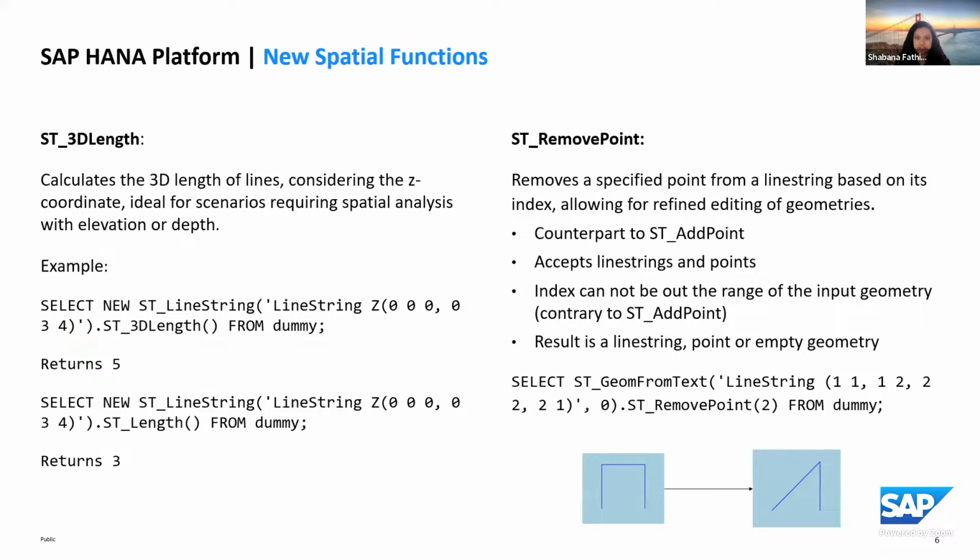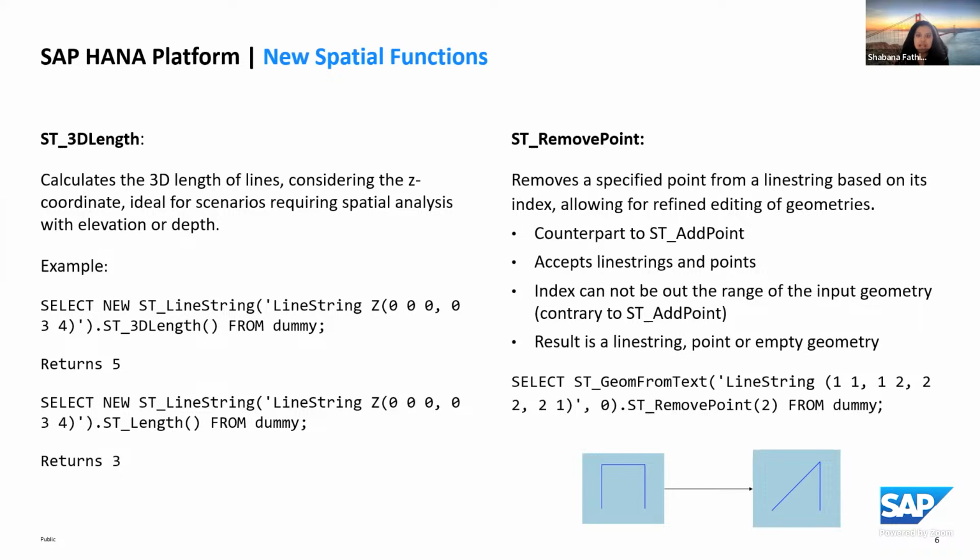On to the next function, ST_3DLength, which would help you calculate the 3D length of lines, taking into account also the Z coordinate. Which means you are not only looking at the length in a flat plane, but also considering the elevation or depth of that line. So this is particularly useful for use cases where elevation matters, like construction, mining, or environmental monitoring.